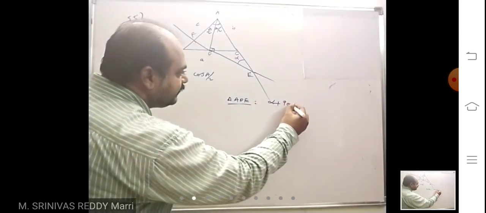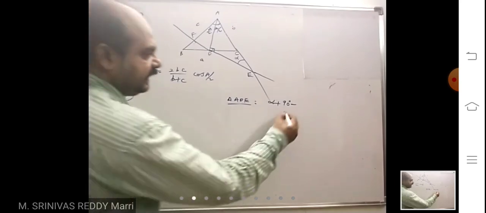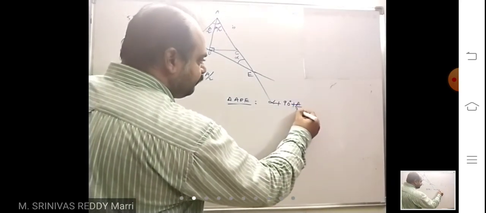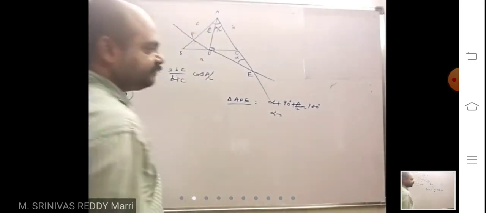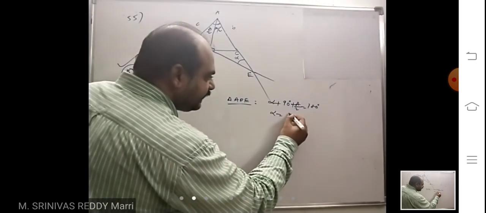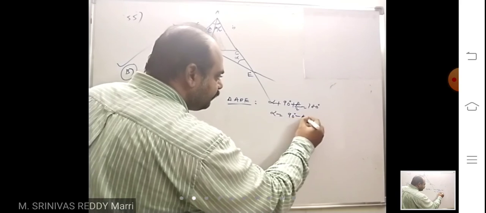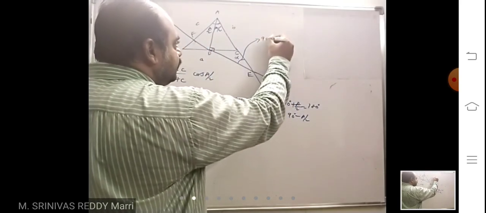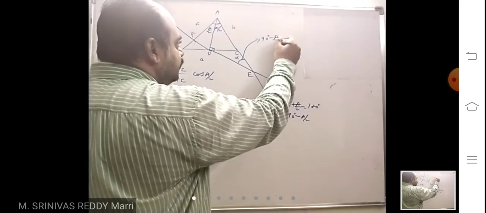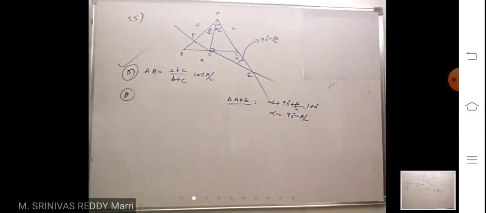Alpha plus 90 degrees plus A by 2 is nothing but 180 degrees. So alpha is 90 degrees minus A by 2.